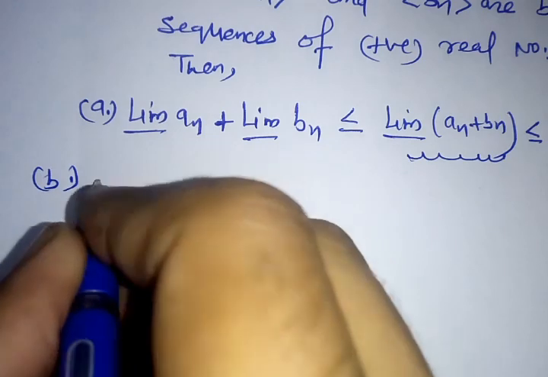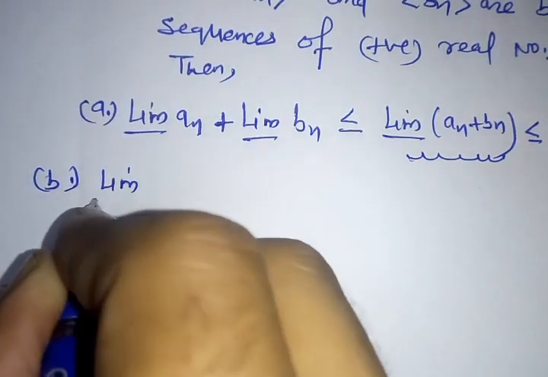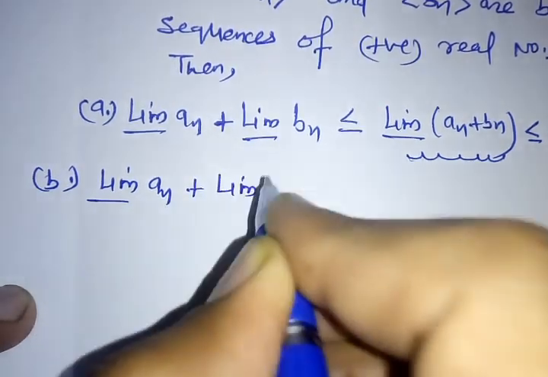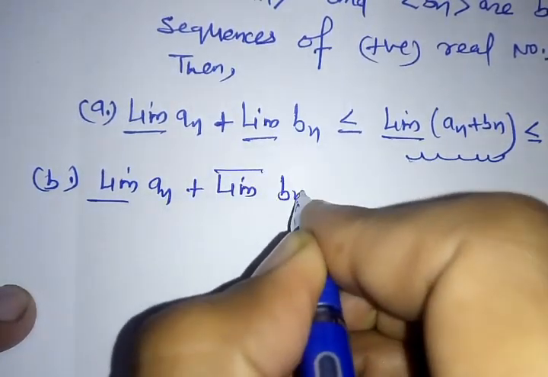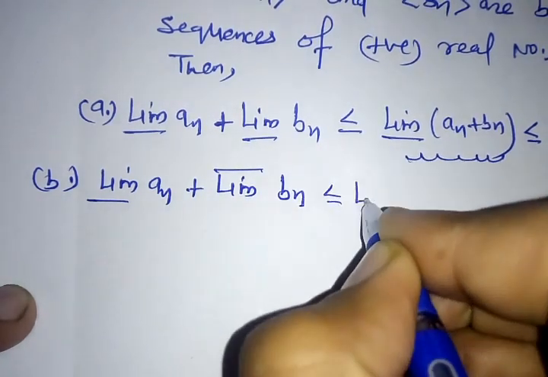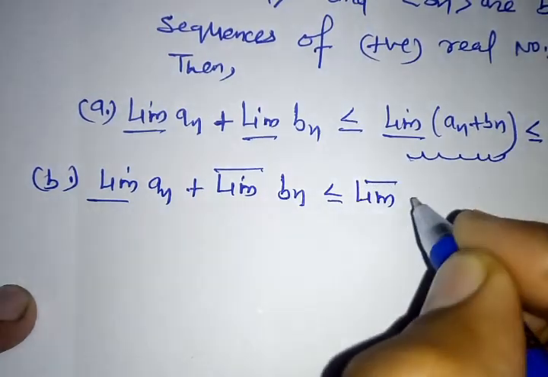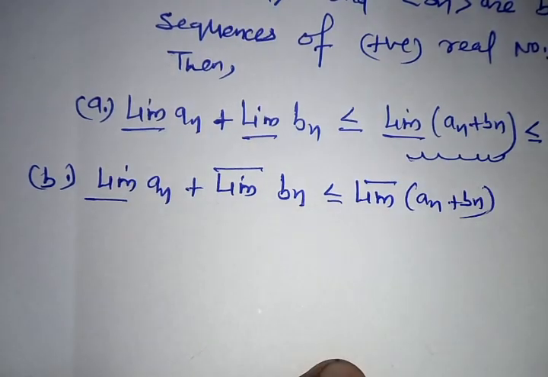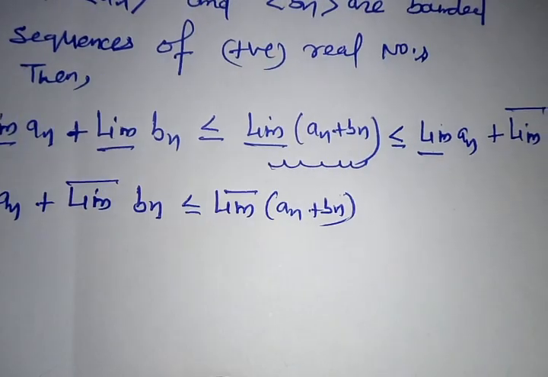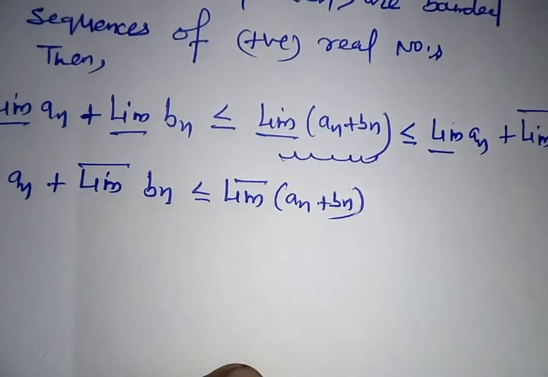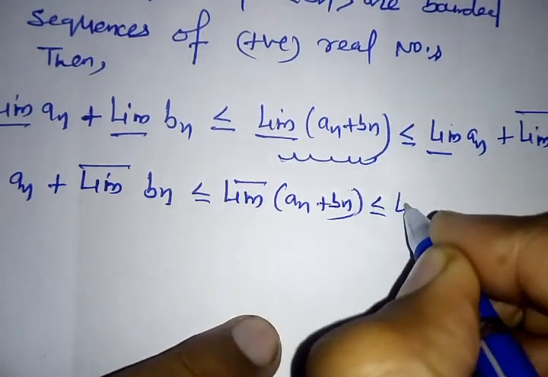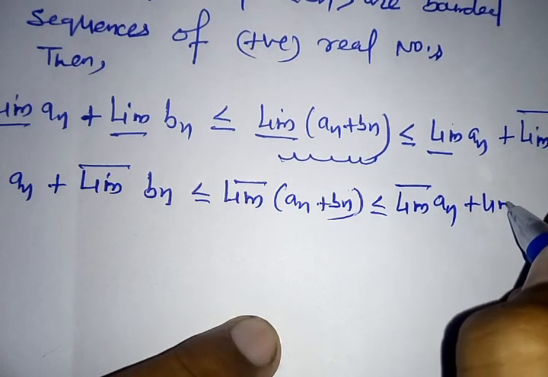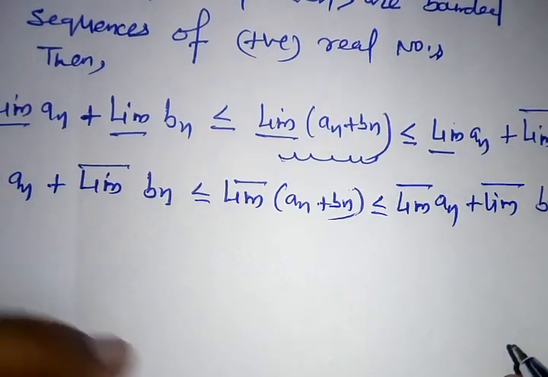Part b: limit inferior of an plus limit superior of bn is less than or equal to limit superior of an plus bn, and which is less than or equal to limit superior of an plus limit superior of bn.